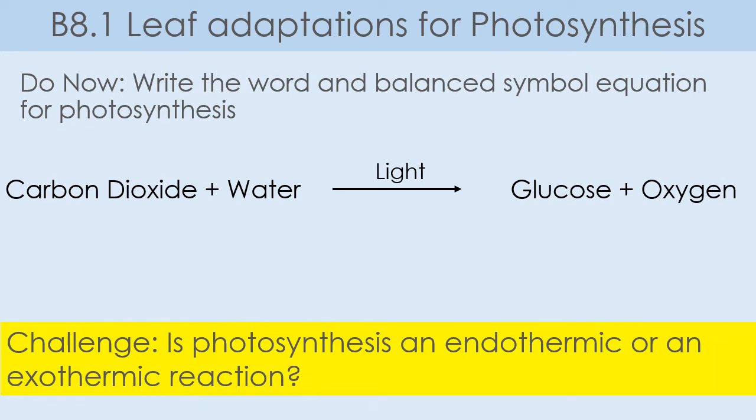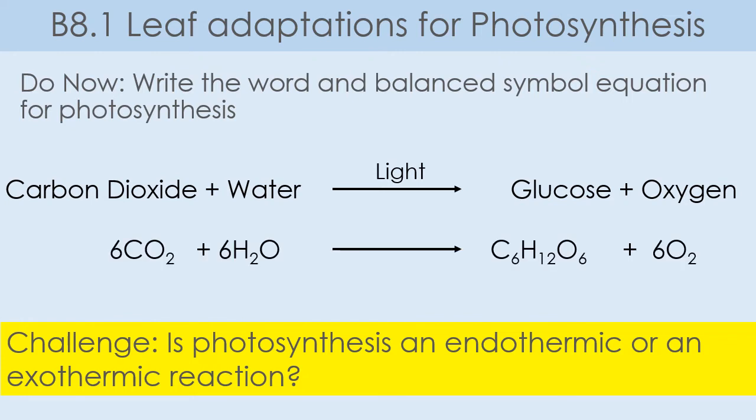Now our balanced symbol equation, we've got carbon dioxide and water on one side and glucose and oxygen on the other. So we have a balanced symbol equation of 6CO2 plus 6H2O goes to C6H12O6 plus 6O2, and obviously we need light to make it happen as well, so we write light above it.